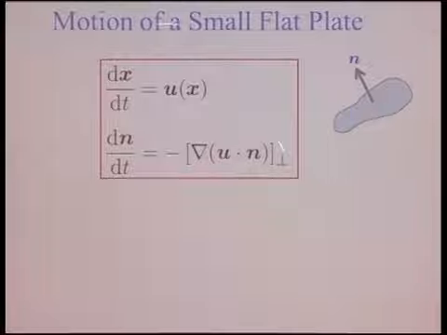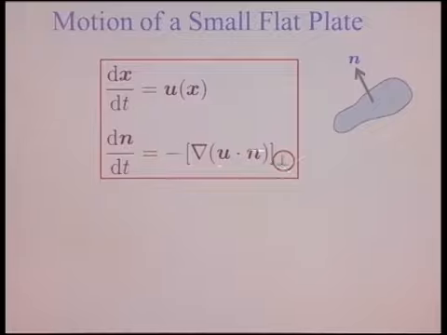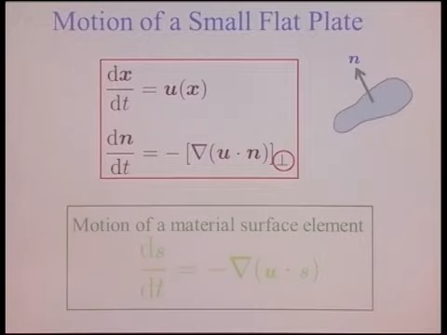So this is the equation of motion, very simple. N is the normal, now I assume the flat plate. This shows the component of this vector normal to the plate. My question is, where do you evaluate that second derivative?